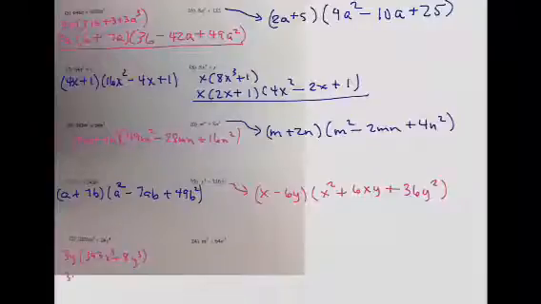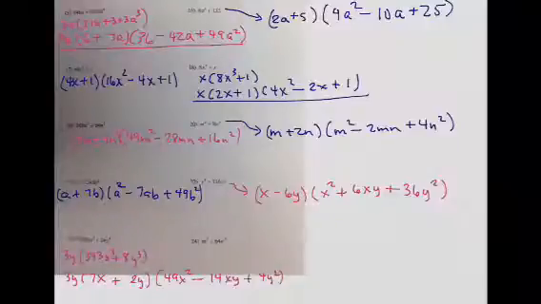So you bring down the 3y and you put the 7x. Cube root of 8y cubed is 2y. Okay, so then you square the 7x. You multiply the 7x by the 2y. And you square the 2y. You get 4y squared. So, in the binomial, you put the same sign, then opposite sign, and always positive.